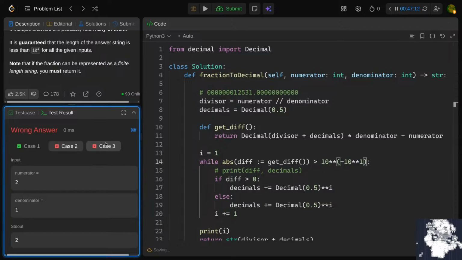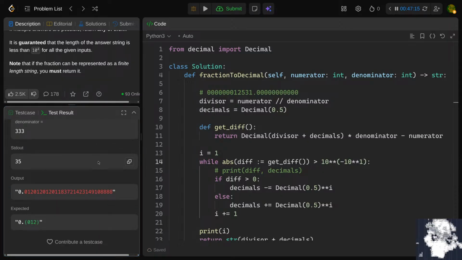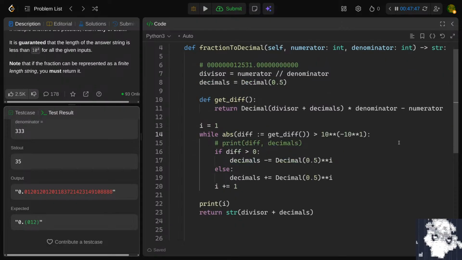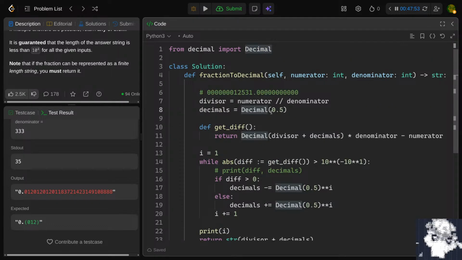Okay, so we can't go up to the amount of precision that it's telling us we would need to do. So I think we have to just figure out long division. I've got a little bit more of a feel for how to do it after implementing this part.